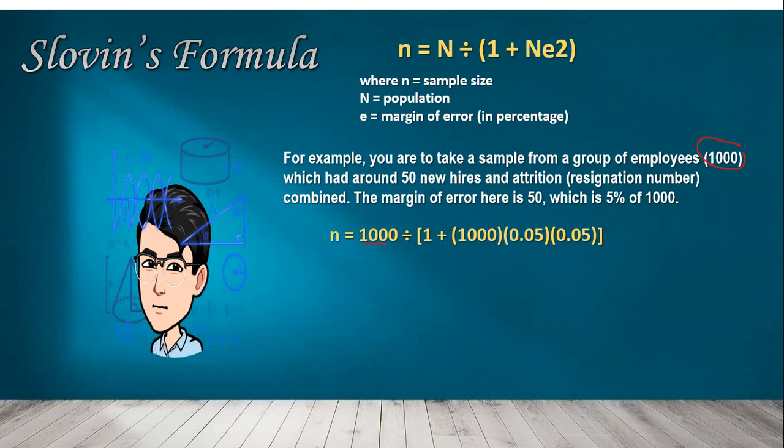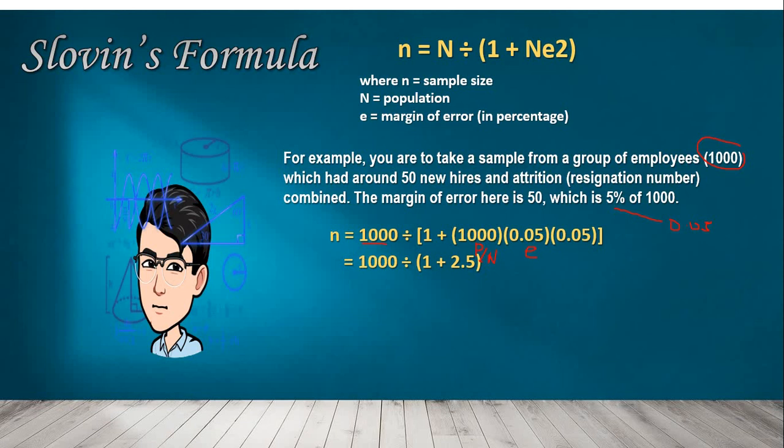Divided by 1 plus 1,000, the population ulit, yung N. Tapos, ang 0.05 ay yung percentage. Ito yung margin of error natin. Ang 5% ay equivalent sa 0.05. Kasi 5% lang kukunin natin dun sa 1,000.